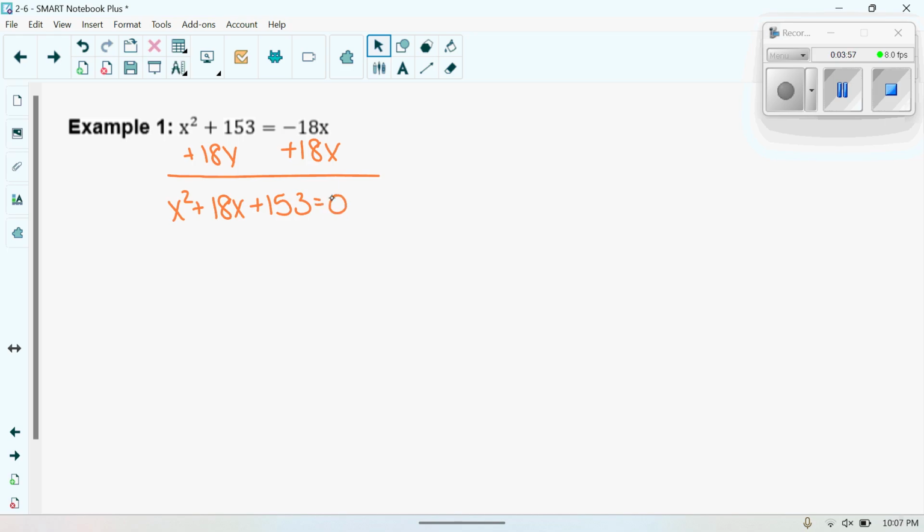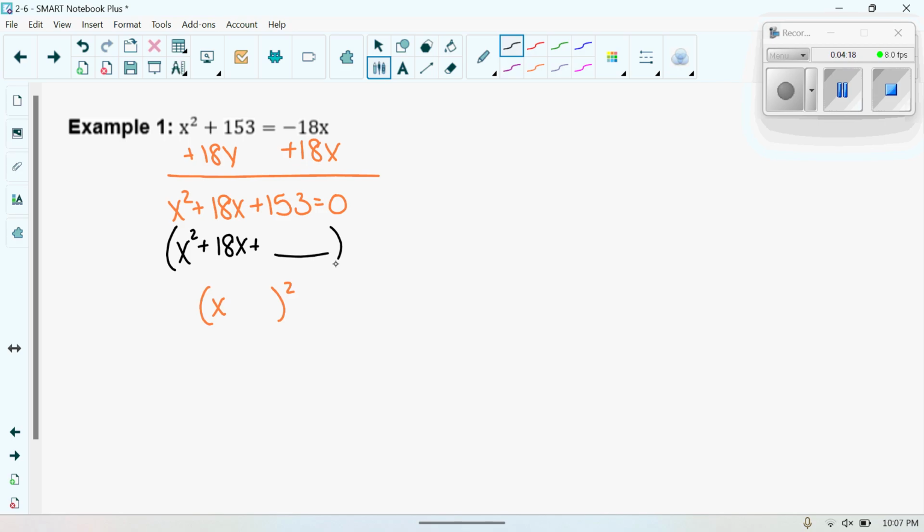Now remember that my goal is to get this as something squared, but I can't just jump right there. I have to do a little bit of work. So I'm going to set up my next step. x squared plus 18x plus blank plus 153 minus blank equals 0. Now, think about this for a second over here on the side.